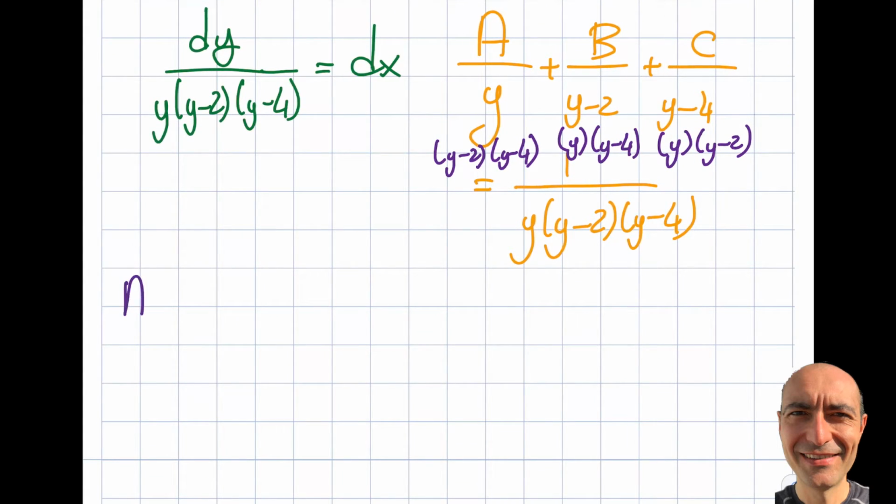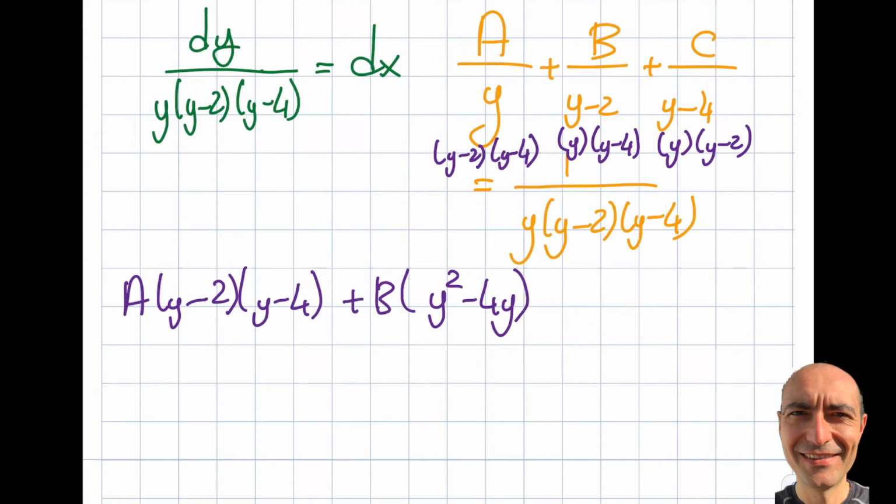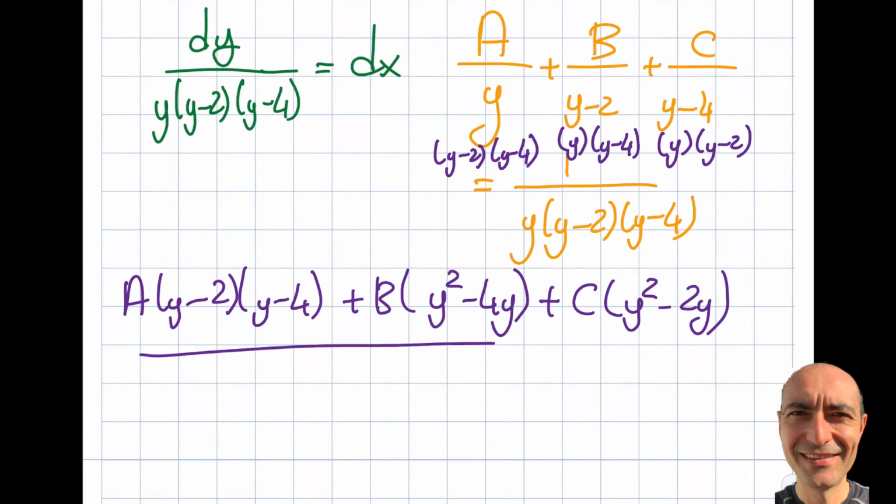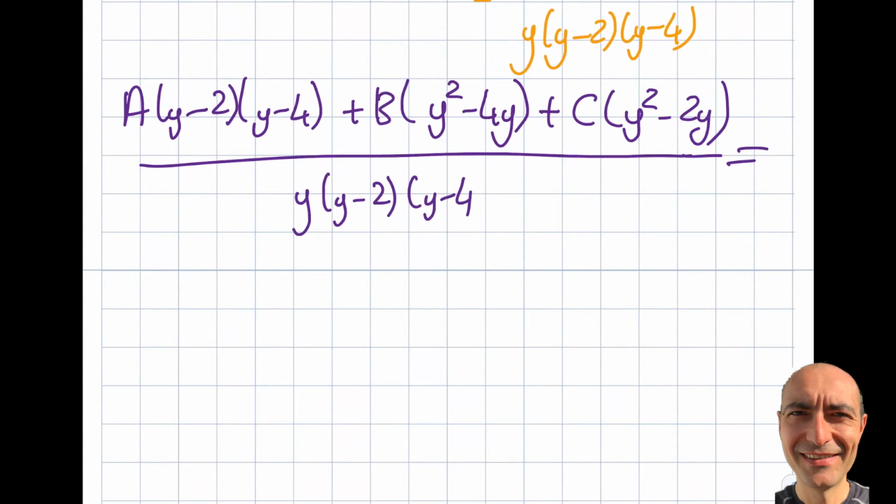So I'm going to get A times y minus 2, y minus 4, plus B times y squared minus 4y, just taking a shortcut, plus C times y squared minus 2y, the whole thing divided by y times y minus 2 times y minus 4, will be equal to, again I ran out of space, actually I ran out of page as well.